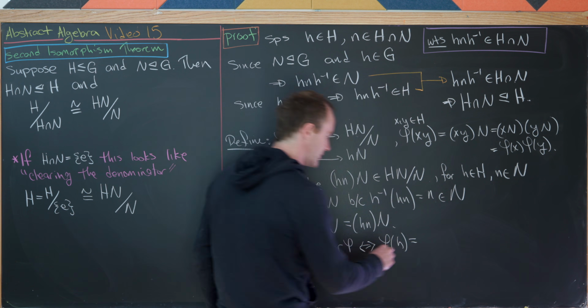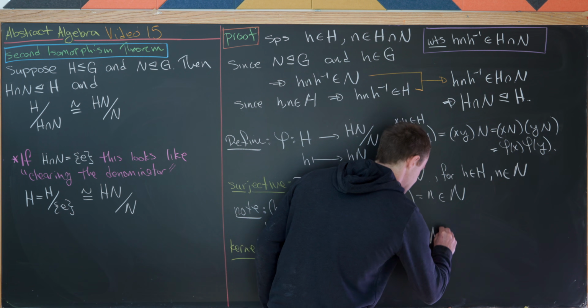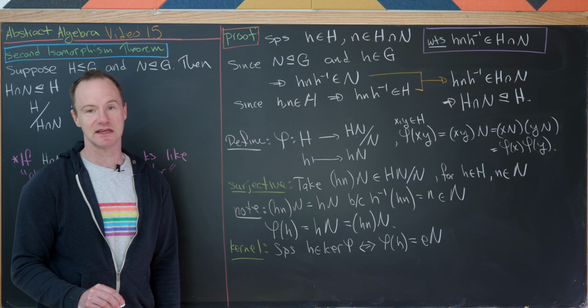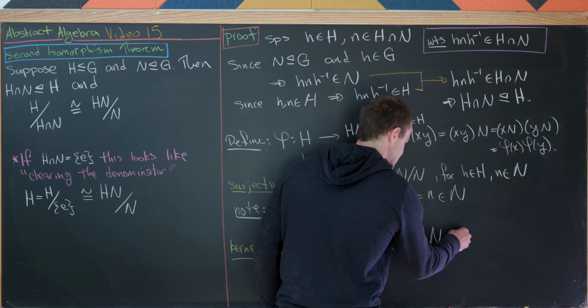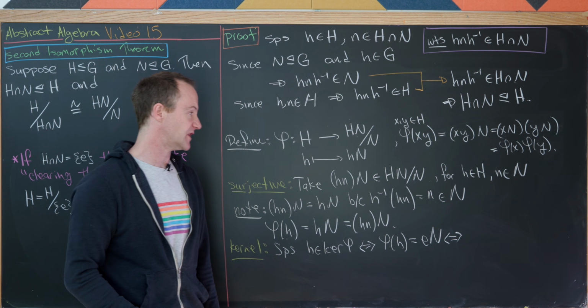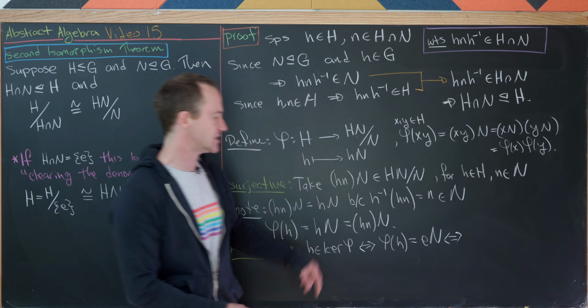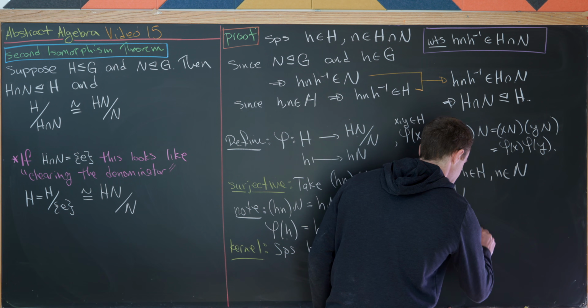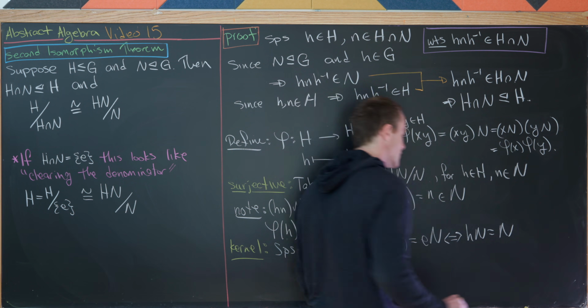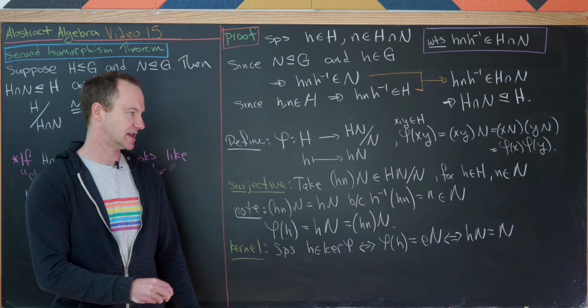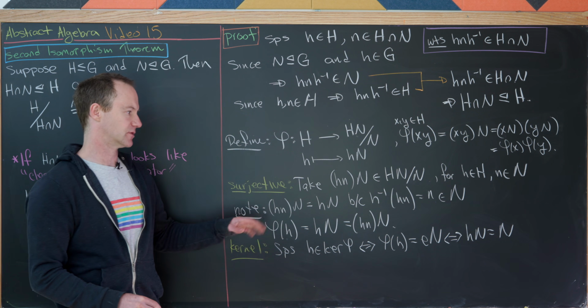But the target group has an identity, which is just the identity coset eN. Okay, but then let's apply our mapping rule. Phi of h is equal to hN. So here we have hN is equal to the coset connected to the identity, which is simply the subgroup.